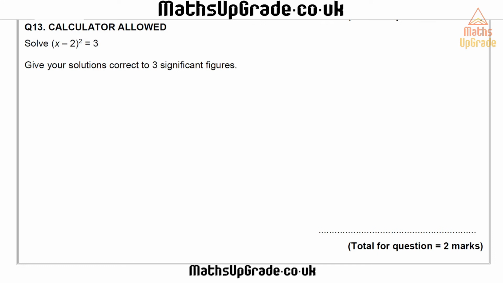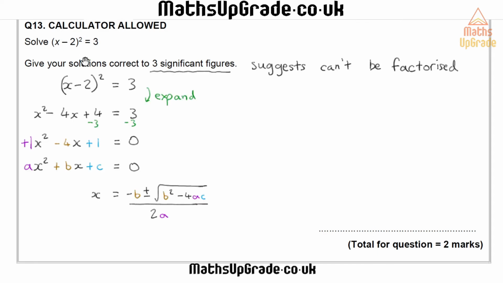Give your solutions correct to 3 significant figures. So the fact that we need to round our numbers suggests to me that you can't factorize it. It's only 2 marks. First thing we're going to do is expand this bracket here. So that gives me x squared minus 4x plus 4 equals 3. Then I'm going to subtract 3 from both sides, and then by inspection I'm going to look at what a, b and c equal: the coefficients of x squared, x and this number by itself. I'll then substitute those into the quadratic formula.